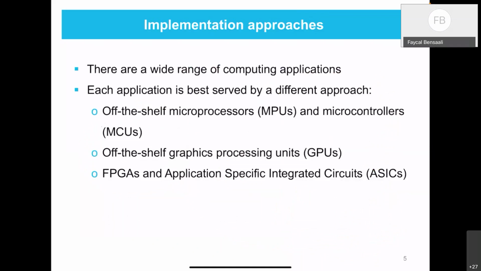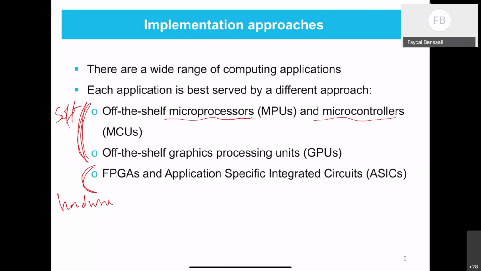If you go now and talk about implementation approaches, the first 2 here that I put, you can consider them as soft. And this one is hardware, hard. What I mean by software, so we can have a microprocessor or microcontroller, and we write a code for it.